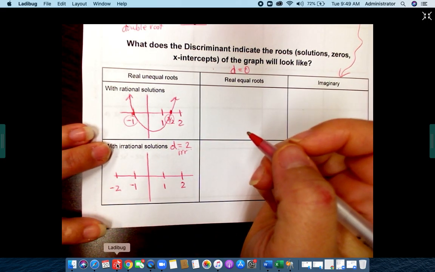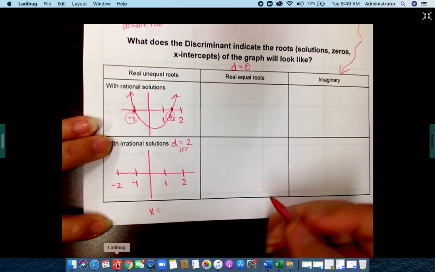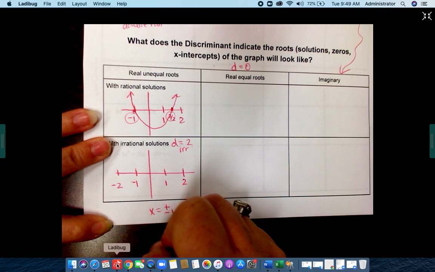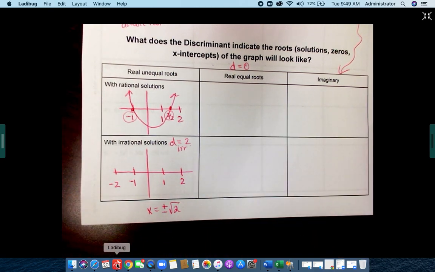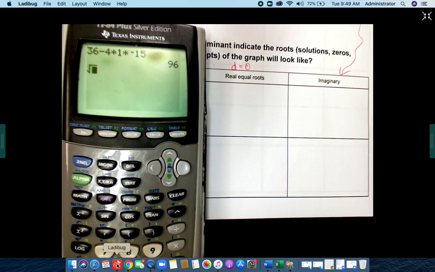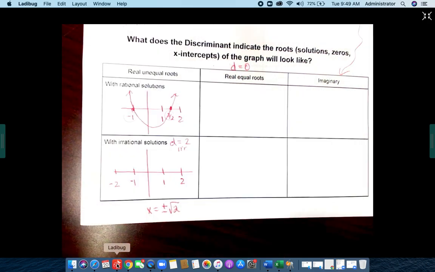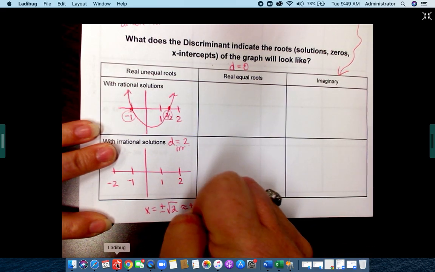So let's say that our solutions end up being, when we solve using the quadratic formula, x equals positive or negative square root of 2. Well, we can't find specifically the square root of 2, but we can estimate its value. So if I type in the square root of 2, I get approximately 1.41. So I'm going to put approximately plus or minus 1.41.